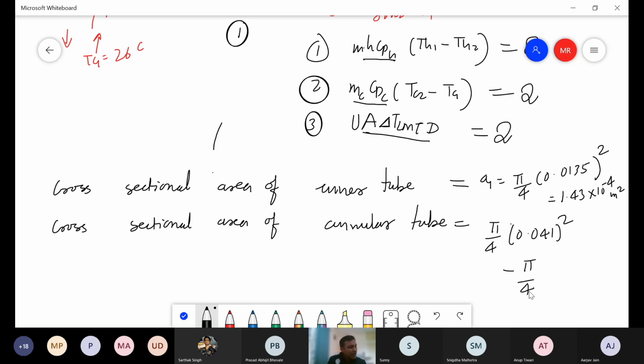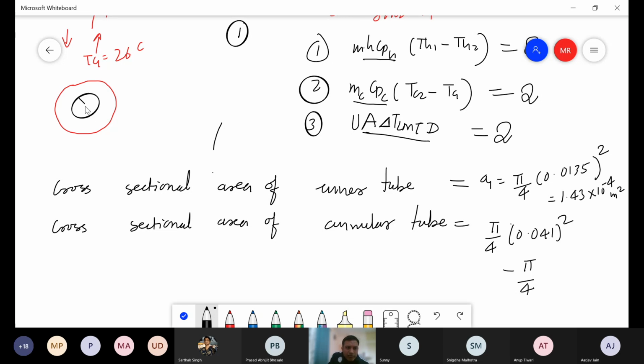Remember, in this problem the inside diameter of the inner pipe is given, that is 13.5 mm. But in addition to that, the thickness of the wall is given, isn't it? So if I draw the complete figure, this is the outer diameter and this is the inner diameter.